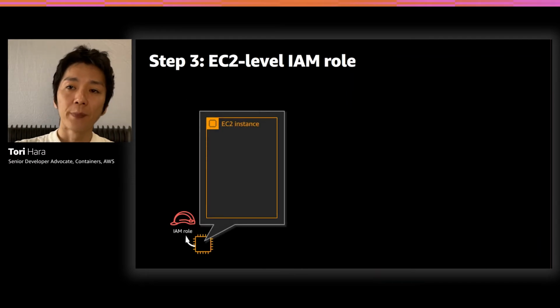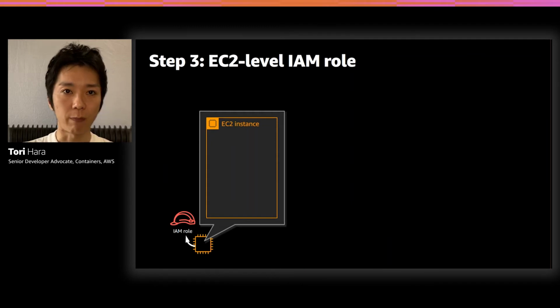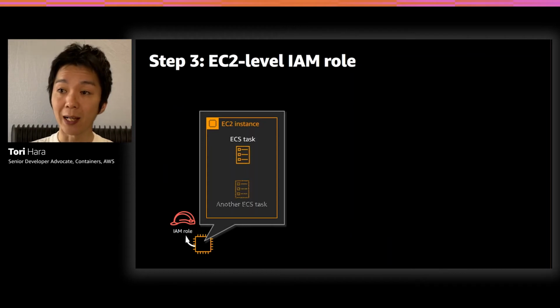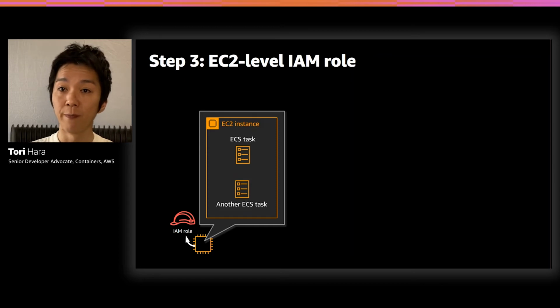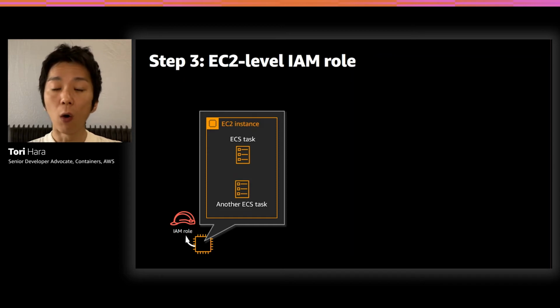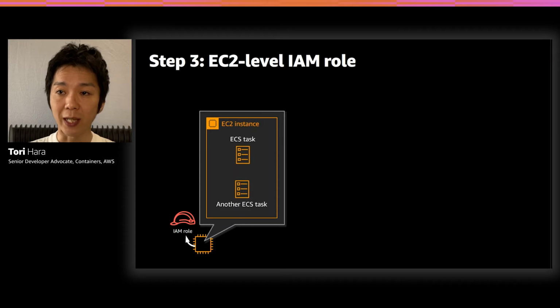But wait, this setup works for your application, but it's hard to say it's good from the security perspective, right? You may be able to run multiple different ECS tasks in a single EC2 instance as described in the diagram, which means all ECS tasks on the same EC2 instance can use the same EC2 instance role.